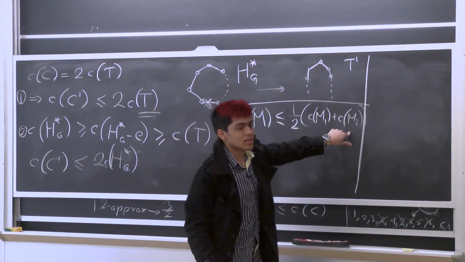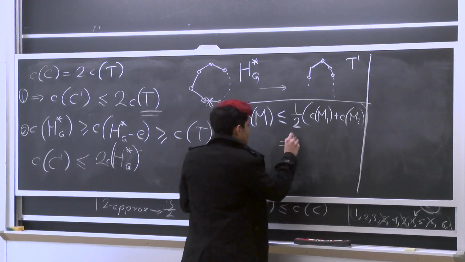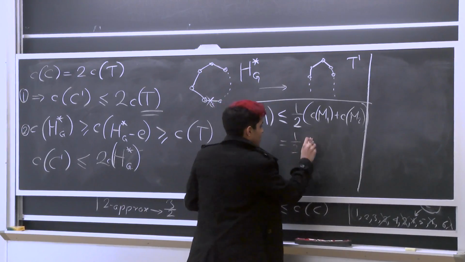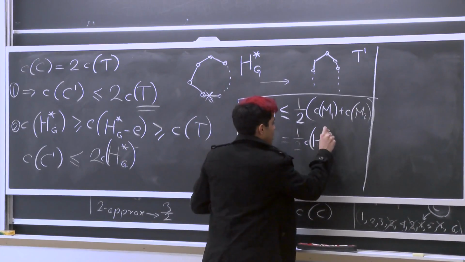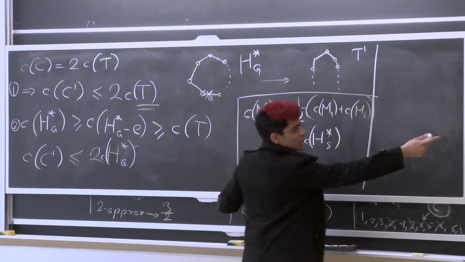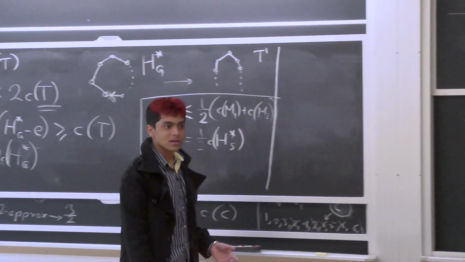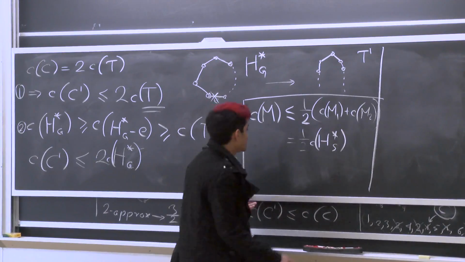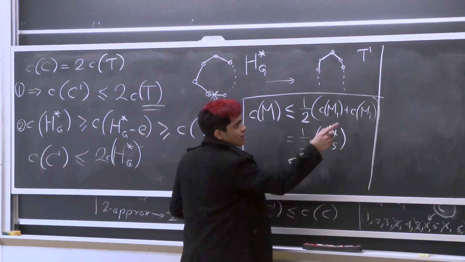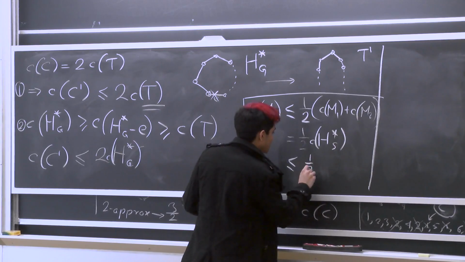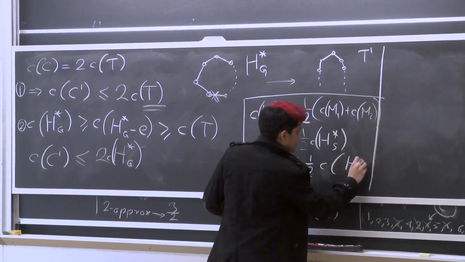But what is cost of M1 plus cost of M2? This is nothing but cost of h star of s, right? Because the Hamiltonian cycle is constructed from M1 and M2. And by our lemma, this is less than or equal to half cost of h star of g.